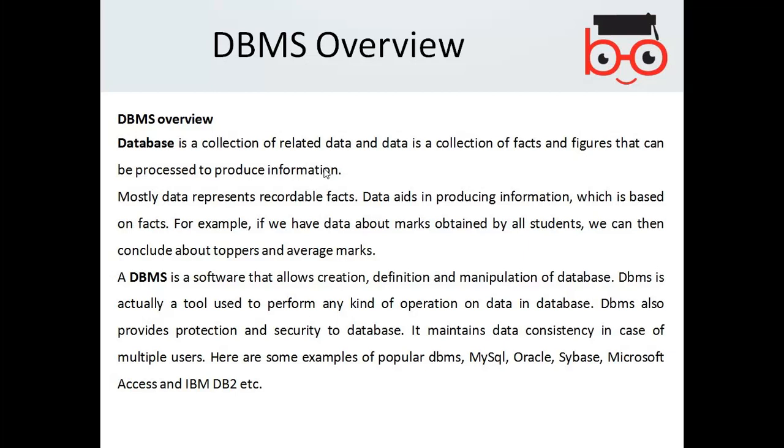When you say 2 is a number, that's data only. But when you say that there are 2 people going abroad, then it becomes information. You have 2 cars at your home, then it is information.